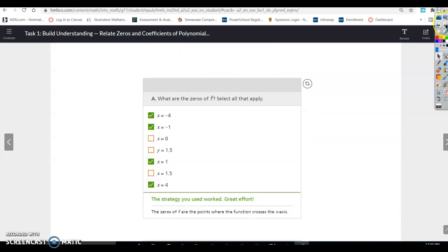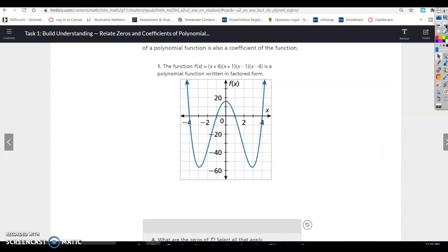All right, so the zeros come from the x-intercepts. And you can see that x plus 4, if you set that equal to 0, equals -4. So this zero comes from this factor. x plus 1 equals 0, subtract 1, x equals -1, so that factor produces this zero. x minus 1 equals 0, you add 1, so you get plus 1, so this factor goes with this zero.